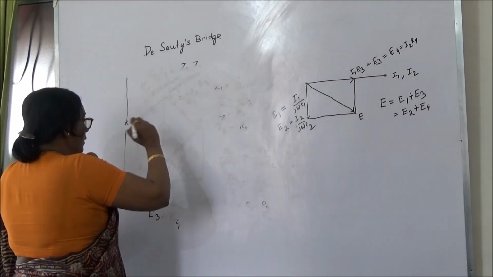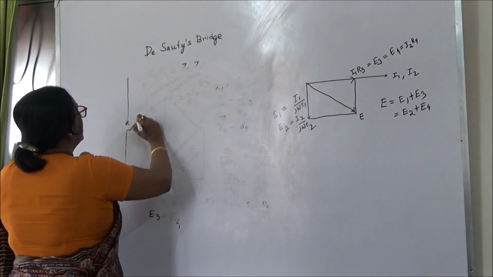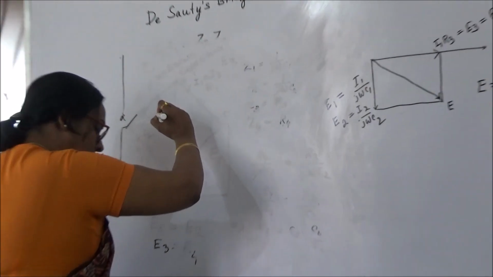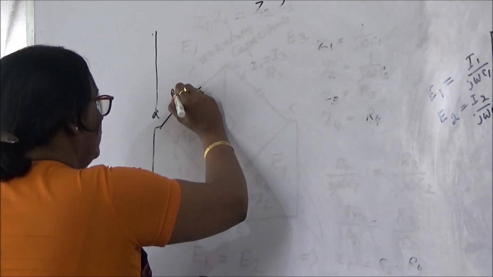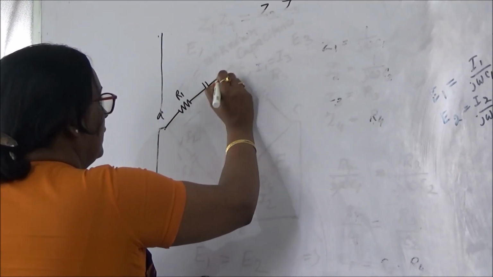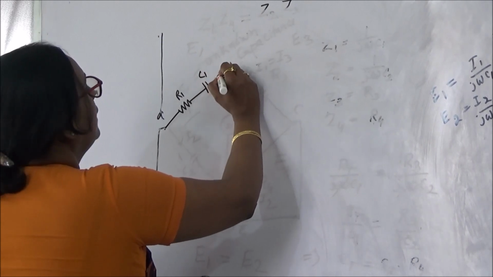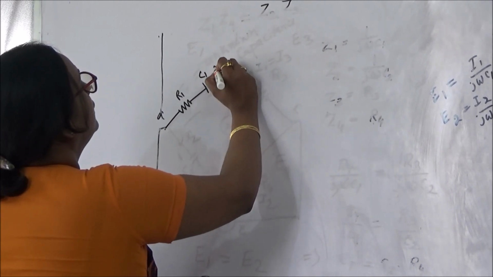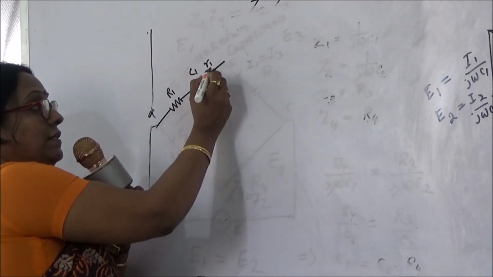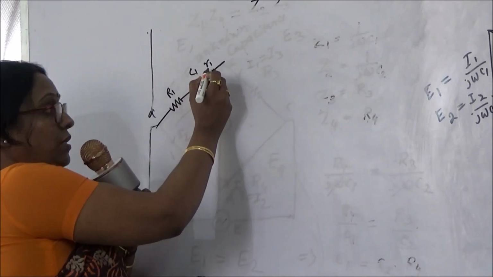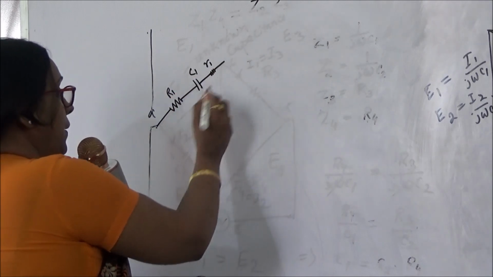So in place of the capacitor, I will add one resistor R1 after that one capacitor C1. This is denoted as R1, and it represents the loss component.